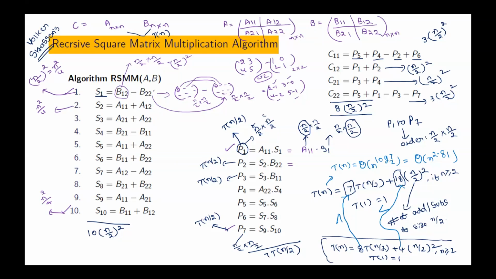How to multiply it? By applying Strassen's method. To this 3 by 3 matrix, you add a 0 row and a 0 column. Then it becomes 4 by 4.